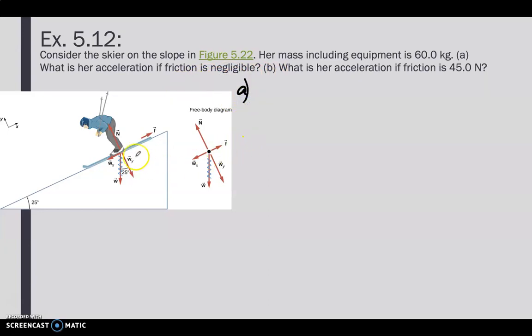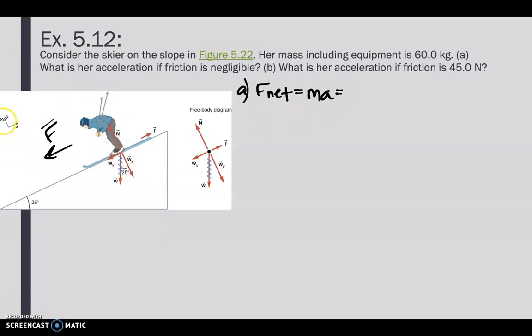Okay, so what we'll do is we'll break this diagram down and find her force first that's going downhill, and then her acceleration. Okay, so F net is equal to mass times acceleration. Okay, and we just want to know her downhill force, right?